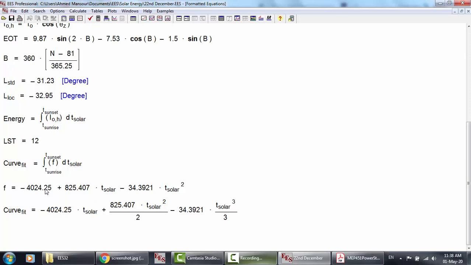If you are doing it by hand at school or in class, this is what you will write by pen to calculate the integral, as with the original calculator. So the curve fit will match this curve. This is by hand and this is by Excel.